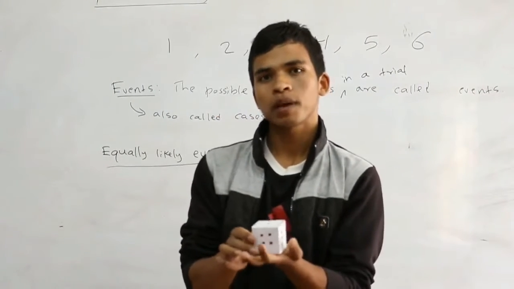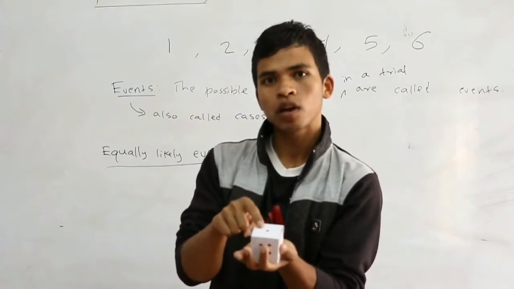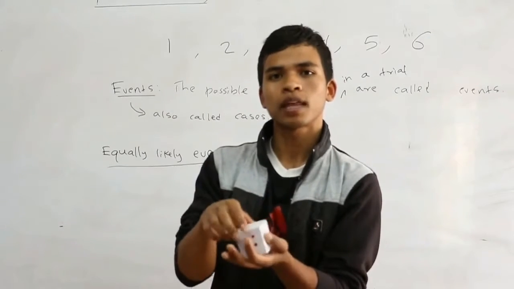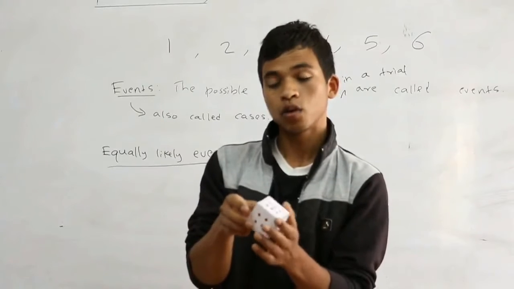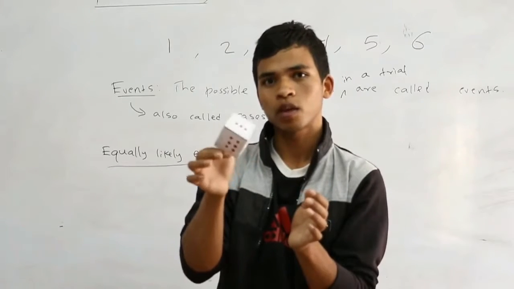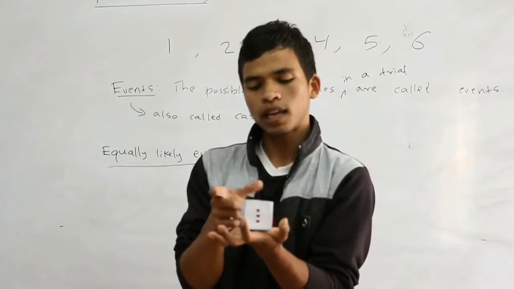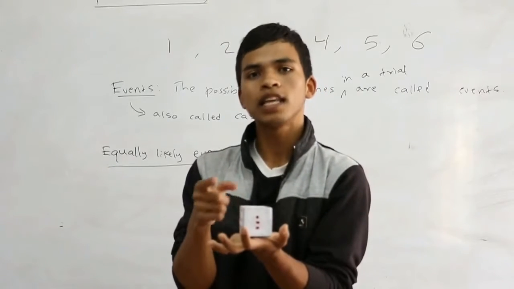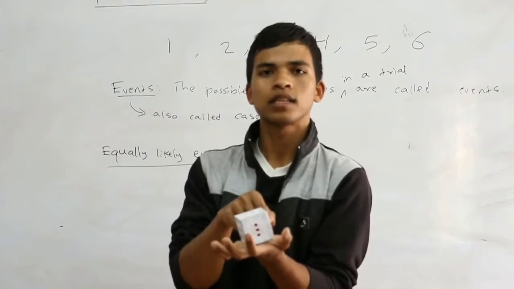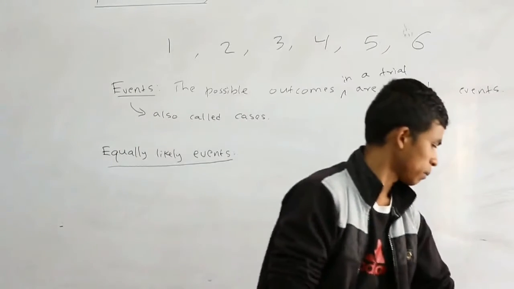But can you expect that the face marked 1 will be more likely to come than the other faces? No, right? Because this box is a perfect cube. So when you toss it once like that, you cannot expect any face to be more likely to come than any other face. But I'll show you one more example.